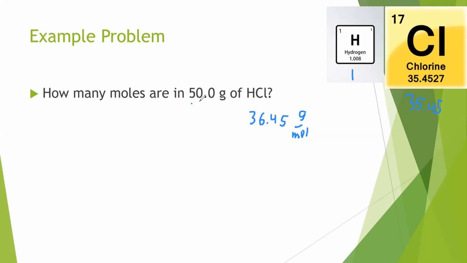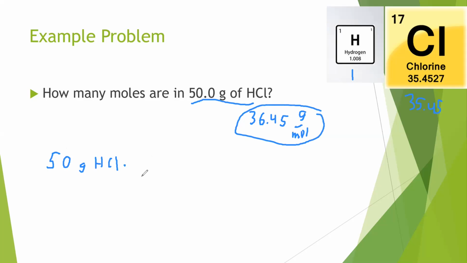So we start off with grams and we want moles. So we start off with 50 grams HCl. And then we want to cancel out the grams of HCl, and we can do it with this number right here.